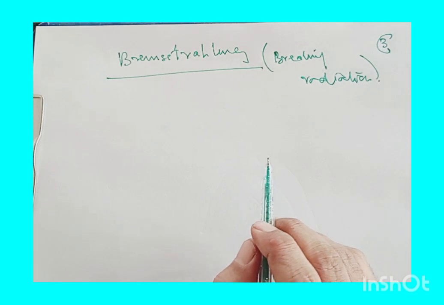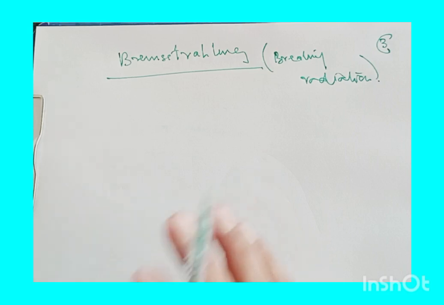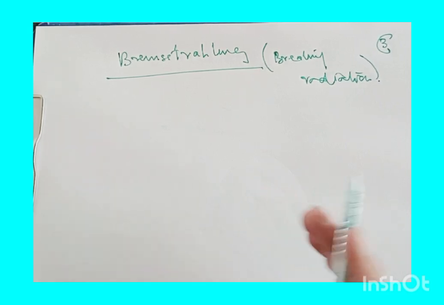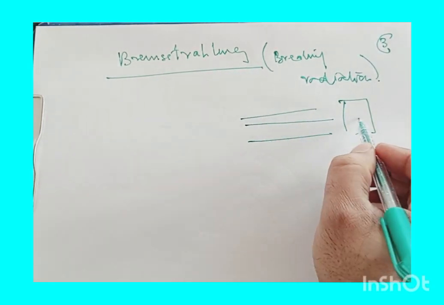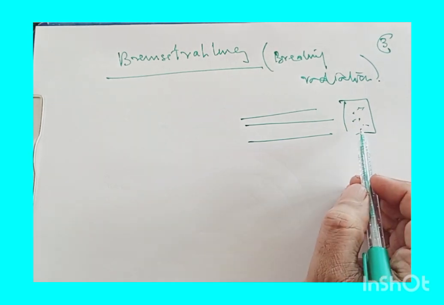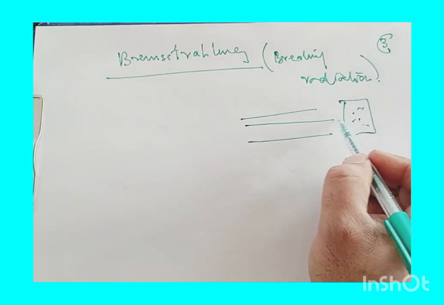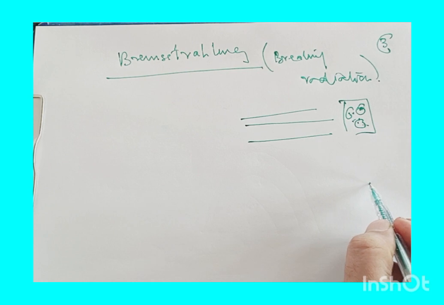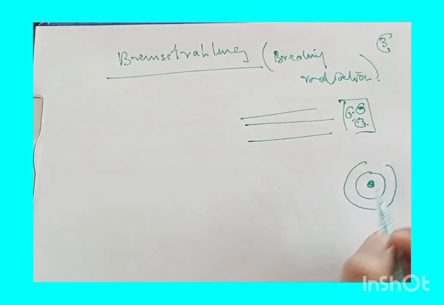Now, when electrons are emitted from the filament that I have shown you in the Coolidge tube, they are accelerated towards the target. They penetrate deep into the atoms of the target material and are attracted by the nuclei of the atoms. If I come up here, we have a nucleus and an atom, for example.